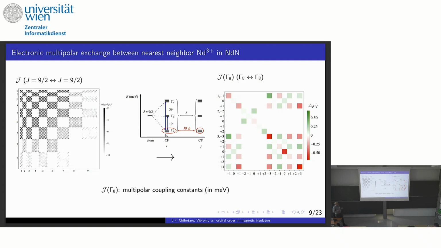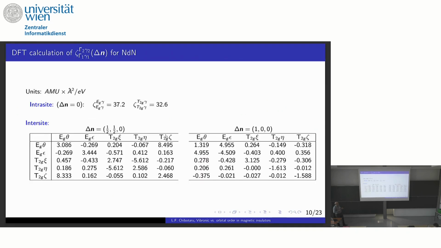Then we do the same calculation for the phonon-induced quadrupolar coupling. We still don't know the vibronic constants. It is quite difficult to calculate. It is not finished, but we can calculate this transmission function to see what part of the Jahn-Teller energy is transmitted. The Jahn-Teller energy is a few wave numbers, we expect.